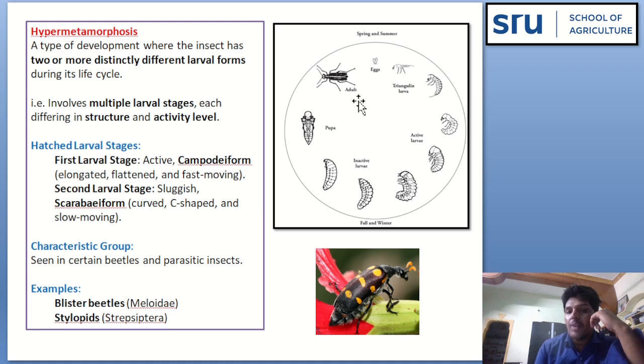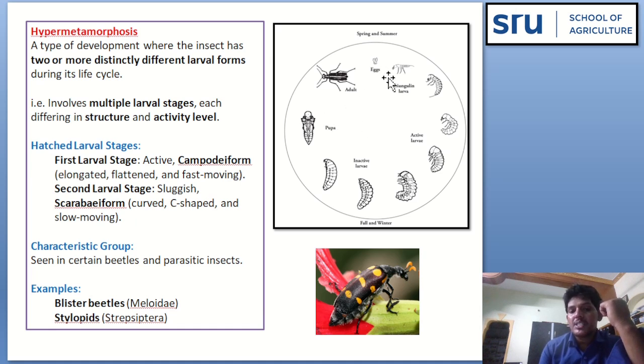A type of development where the insect has two or more distinctly different larval forms during its life cycle. That is, it involves multiple larval stages, each differing in structure and activity level.